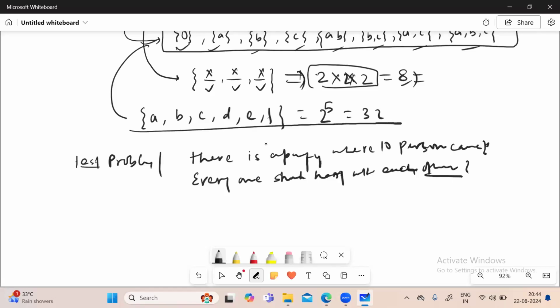Now the question is, how many handshakes happened in the party?